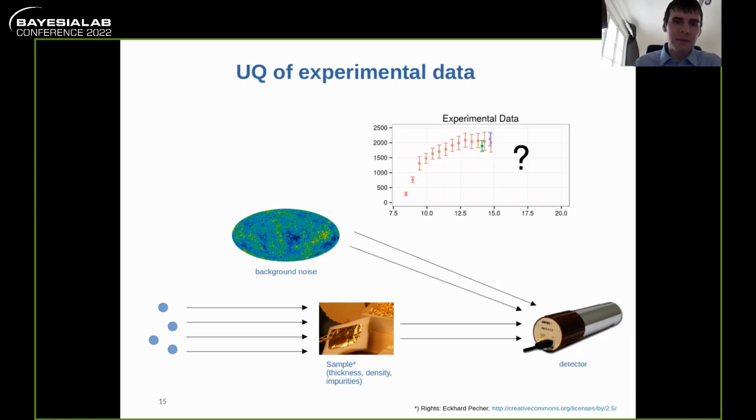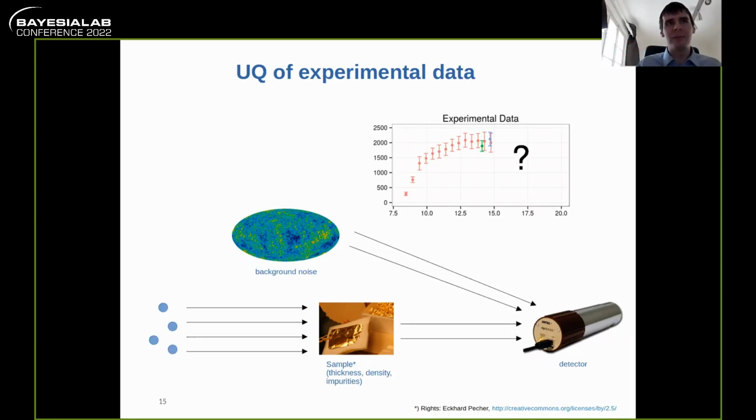And then we have the detector. Detectors are not perfect, so sometimes they miss particles, for different reasons. It may be that the particle just goes through, or another possibility is that the particles arrive too fast in sequence, and then the detector does not detect them individually, but just detects one particle.